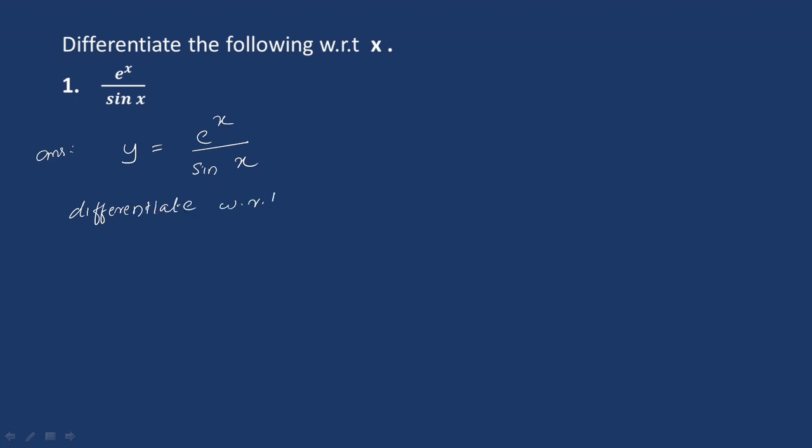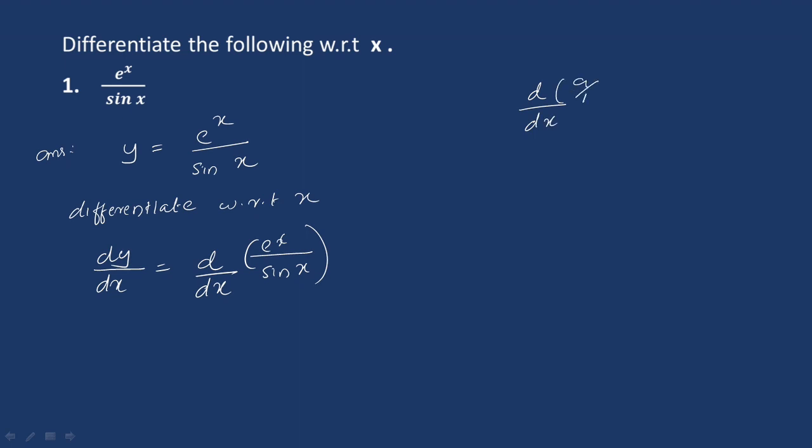Then we have dy by dx is equal to d by dx of e raised to x by sin x. Now it is of the form d by dx of a by b, that is the division rule.